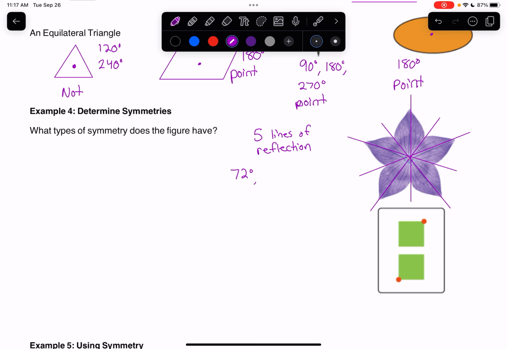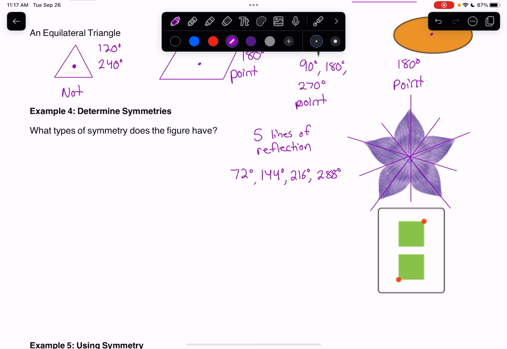And if we kept rotating around in 72 degree increments, so 144 degrees, or 216 degrees, or 216 plus 72, 288.